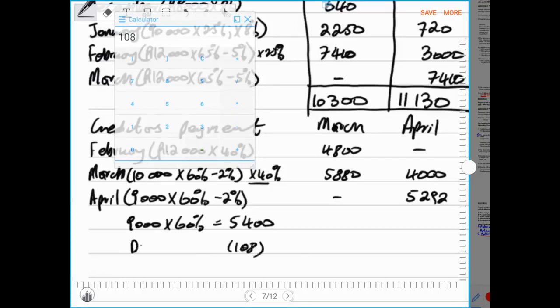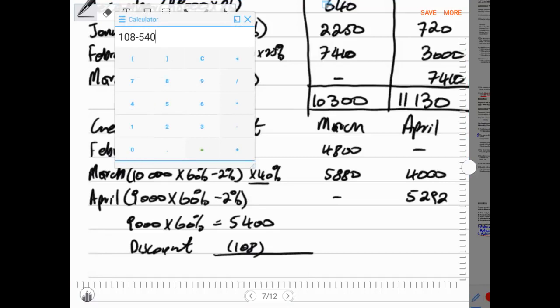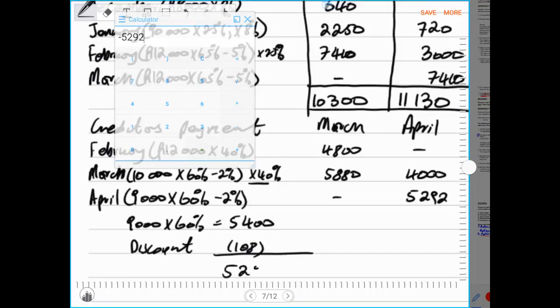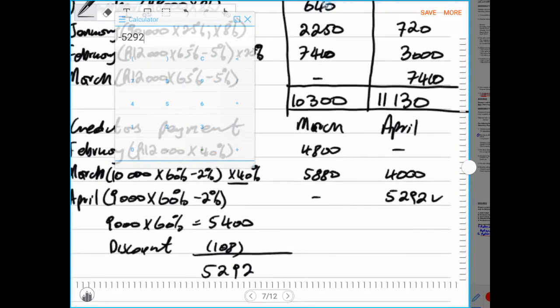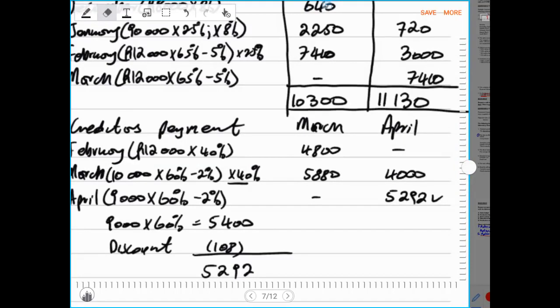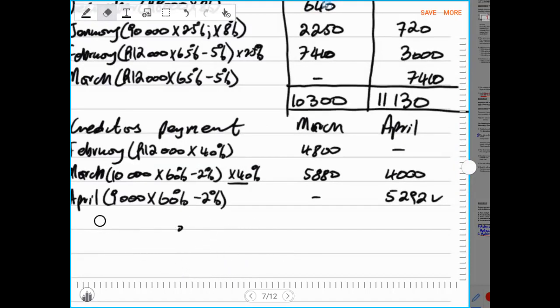And we say less 5,400. That gives us 5,292. So now the amounts that I give here, they are after the discount has been taken into account. However, I think that you also do see the calculations and I do the workings for you.